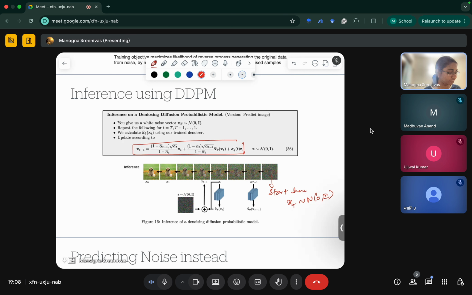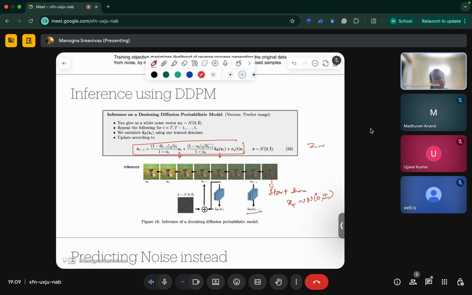So this xt minus 1 depends on what your next latent is. This is the noisy image, like xt, and this is what the network predicts. You pass this through the network, you get this, right? You get this here, and z is a random variable.